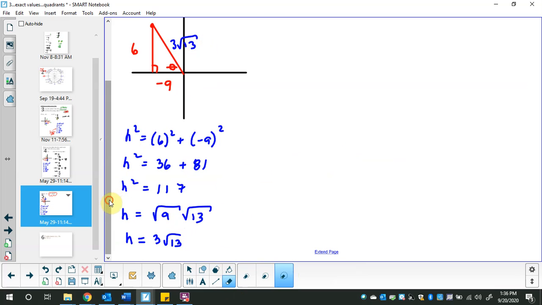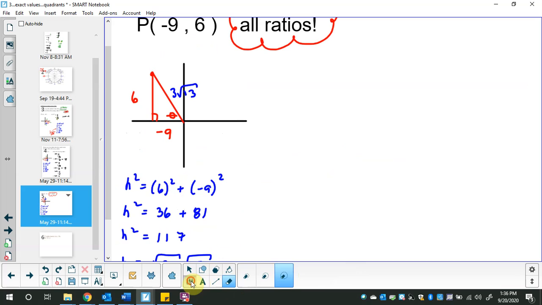All right, so if somebody ever asks you to find all 6 of them, which we're about to do right now, because it says all ratios, and they ask you to do them out of order, I suggest you put them in order, as in do sine first, cos second, tan third, then cosecant, then secant, then cotangent.